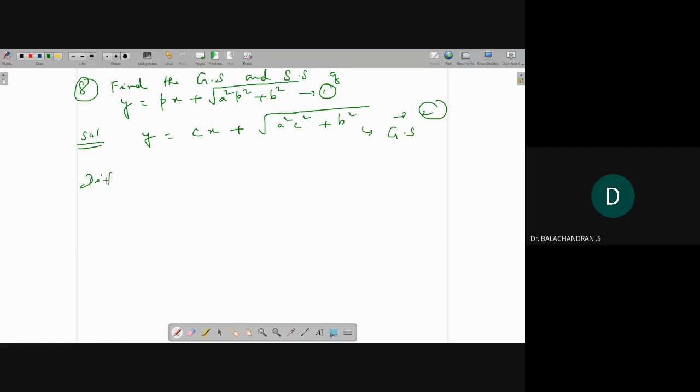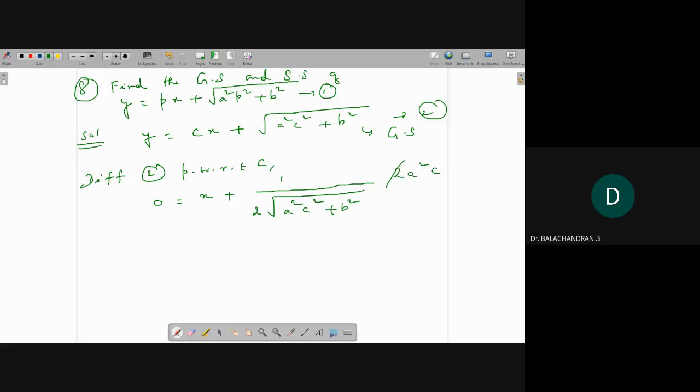Now differentiate equation 2 partially with respect to c. Then we have 0 equal to x plus 1 by 2 into root of a square c square plus b square into, if you differentiate a square c square plus b square, you get 2a square c.